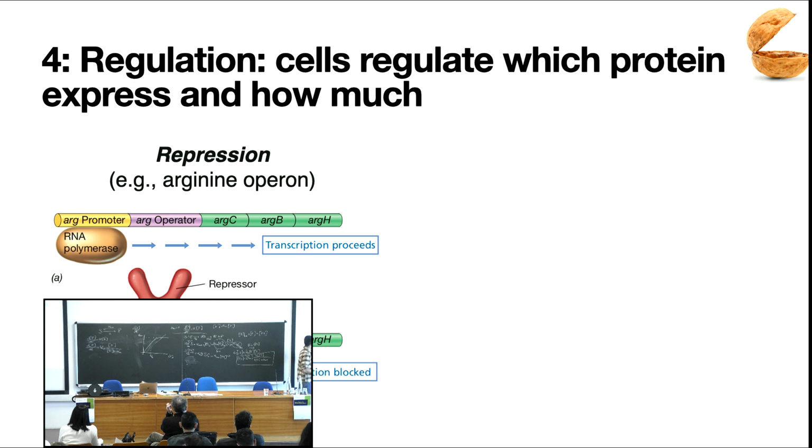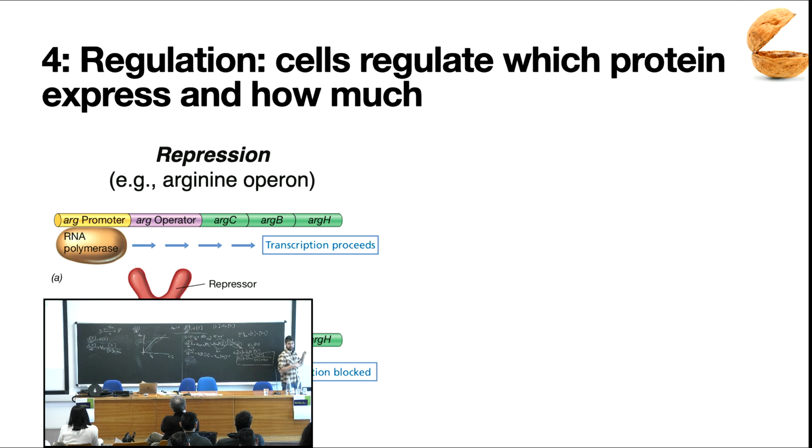Now, if there is some other molecule around, in this case the amino acid arginine, and arginine is bound to this protein, this repressor changes conformation and attaches to DNA, blocking the RNA polymerase going around.